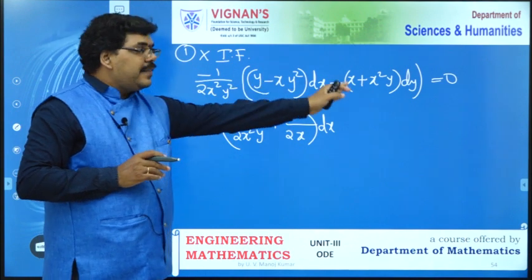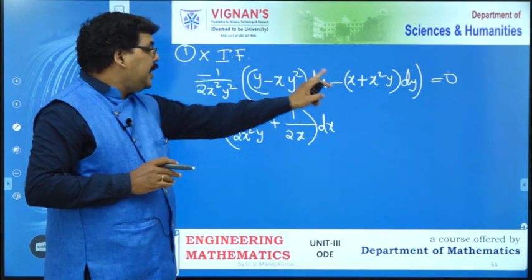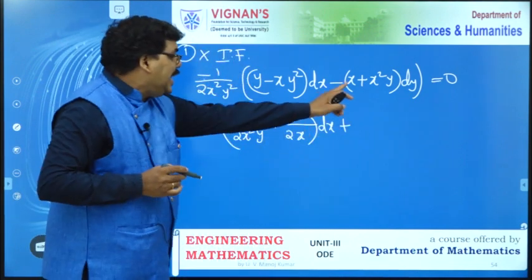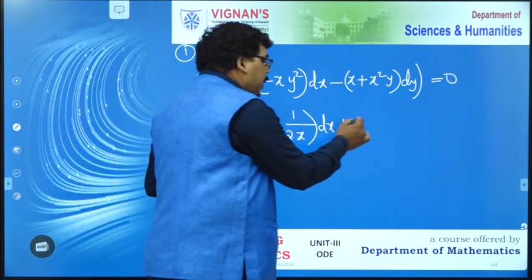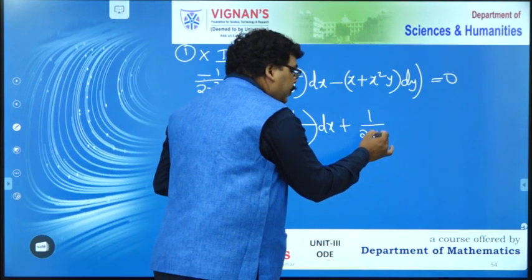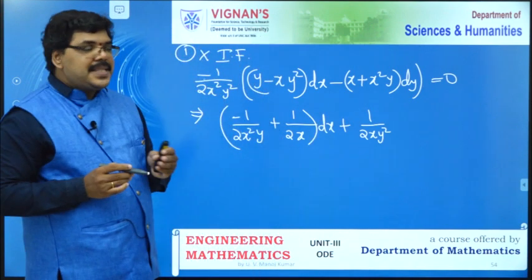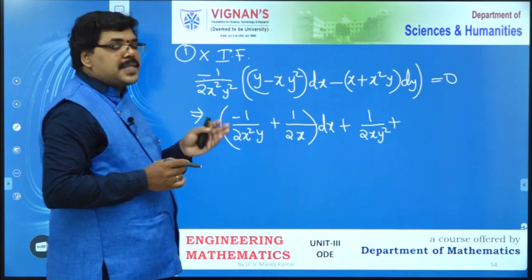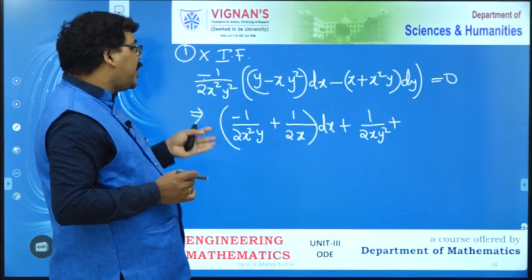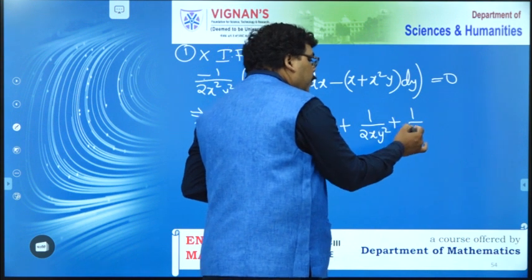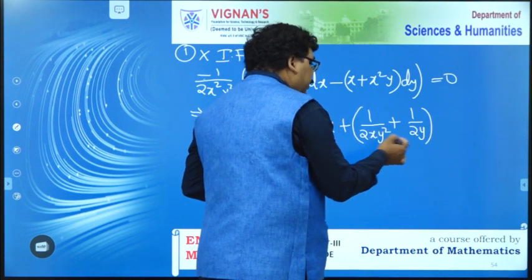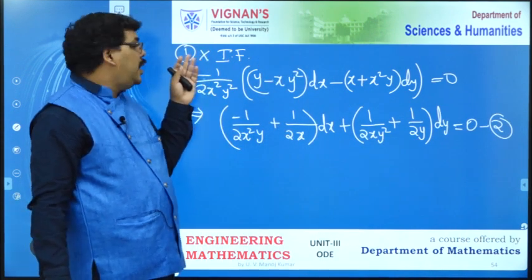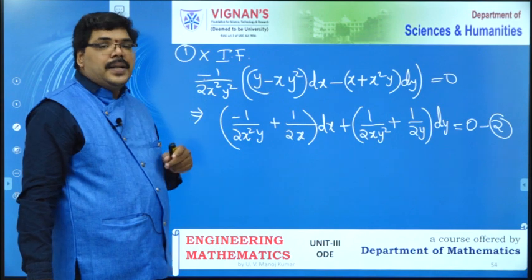Now you multiply the integrating factor with the second term, minus into minus becomes plus, x divided by 2x square y square plus x square y by 2x square y square, x square cancels, 1 by 2y. So after multiplying the given differential equation with integrating factor, this is the resultant.